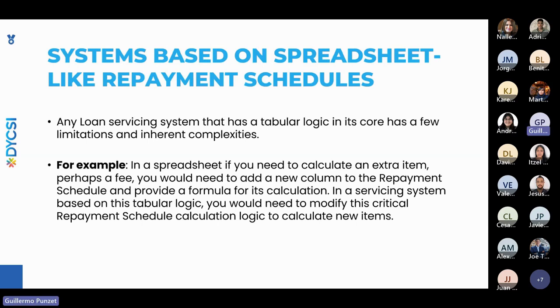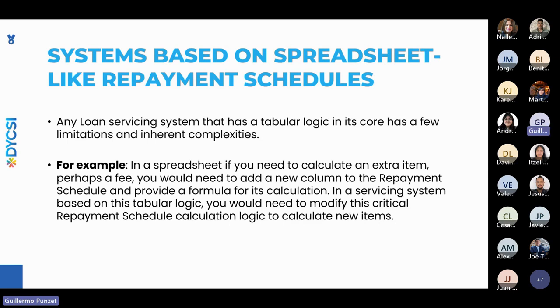Now, any loan servicing system that has this tabular logic with formulas that we saw on the spreadsheet example has a few limitations and some very important inherent complexities. So let's think about that spreadsheet we saw for a moment.